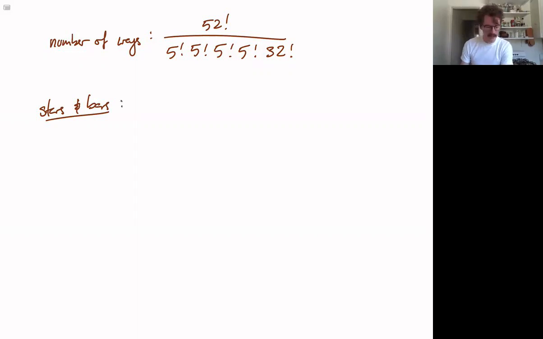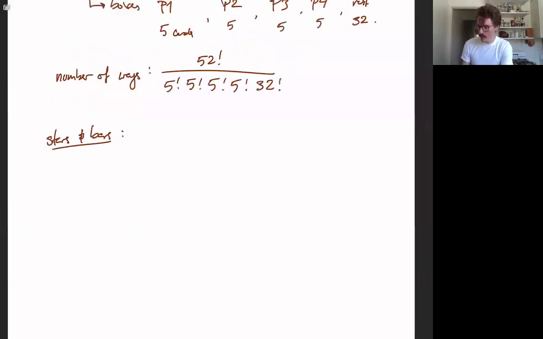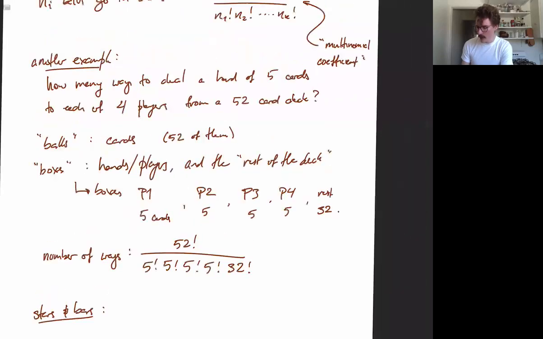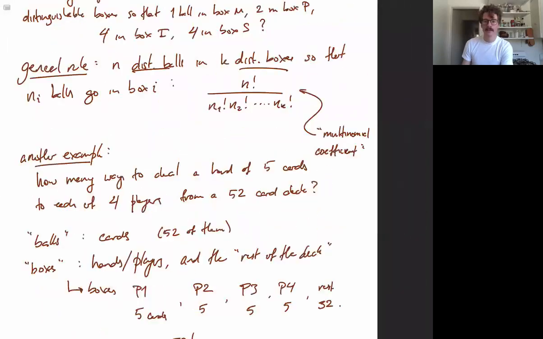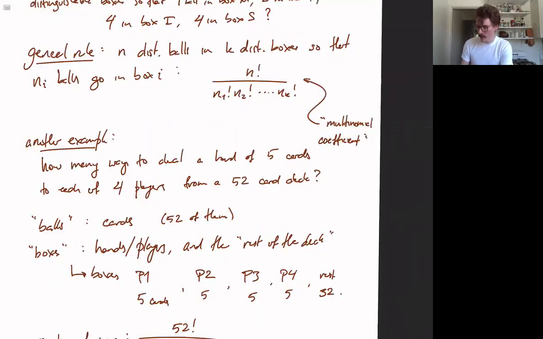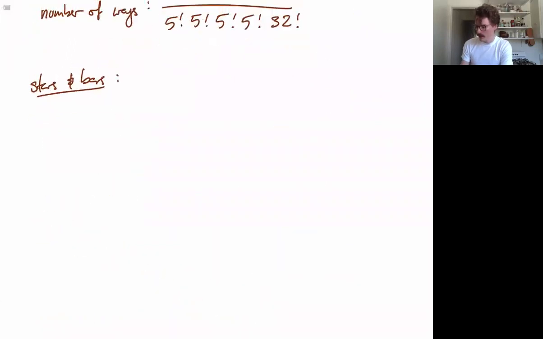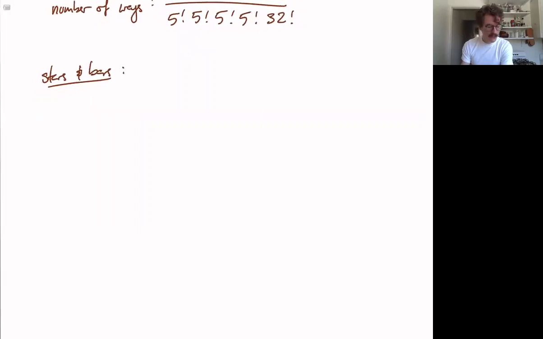So this is the case of, before we were doing distinguishable balls and distinguishable boxes. And now we are going to talk about indistinguishable balls and distinguishable boxes.